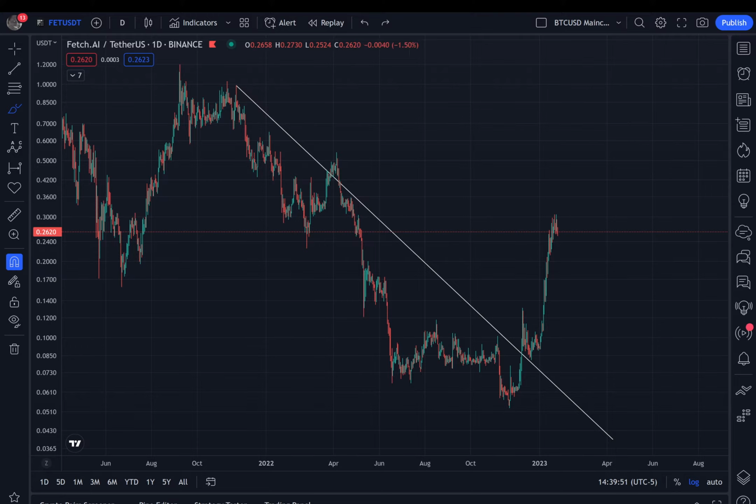I'm going to make sure I pay myself well after doing all this work and effort. So that's my take on Fetch AI, technically speaking. I don't know anything about this fundamentally, but I'm just speaking to the technicals and its viability as something to trade right here and now.